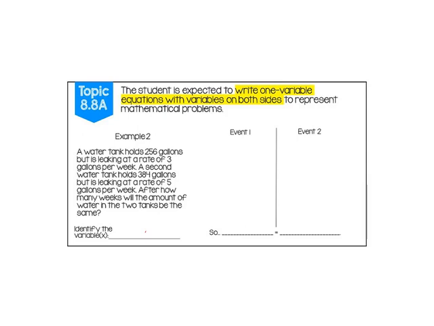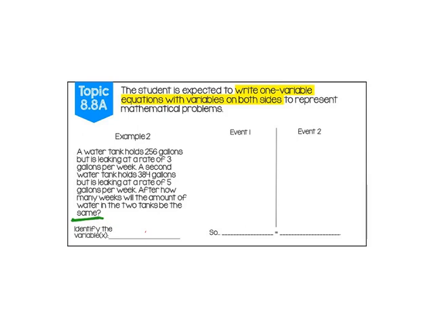Example number 2. A water tank holds 256 gallons, but is leaking at a rate of 3 gallons per week. A second water tank holds 384 gallons, but is leaking at a rate of 5 gallons per week. After how many weeks will the amount of water in the two tanks be the same?